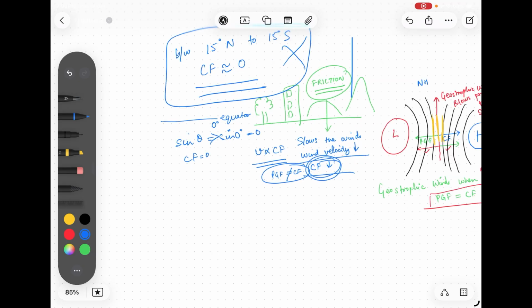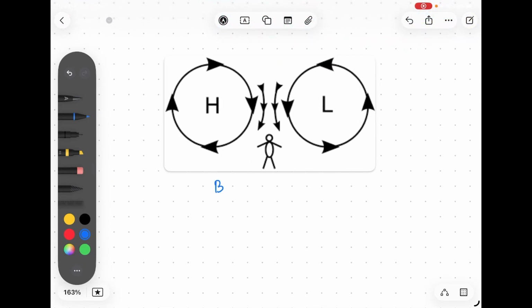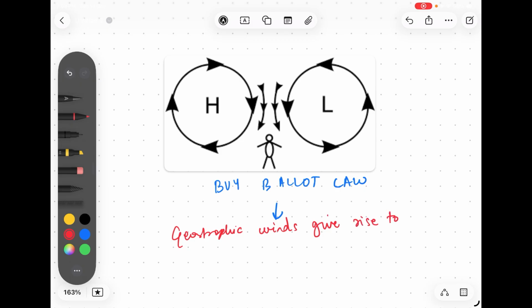Next thing that you need to know is again important. So this is known as Buys Ballot's law. What this law really states is that geostrophic winds give rise to this law, okay?